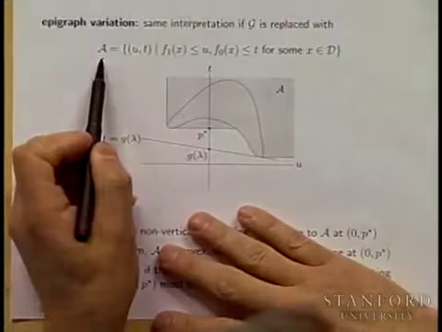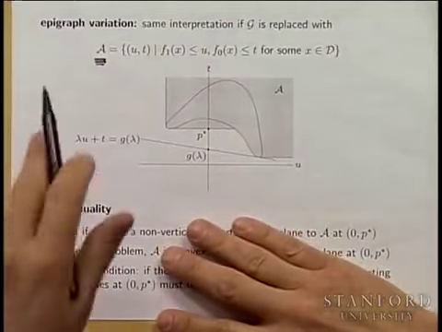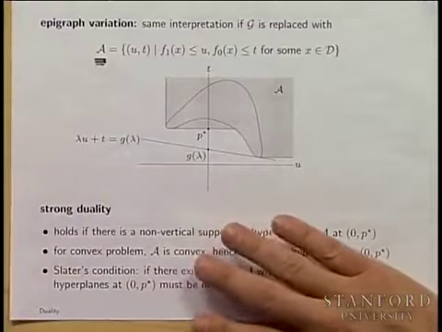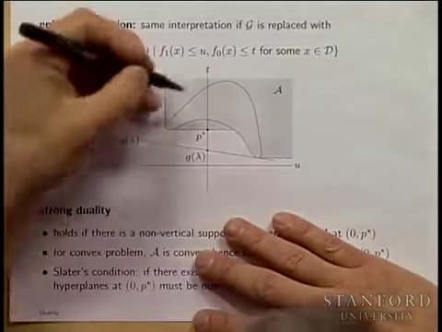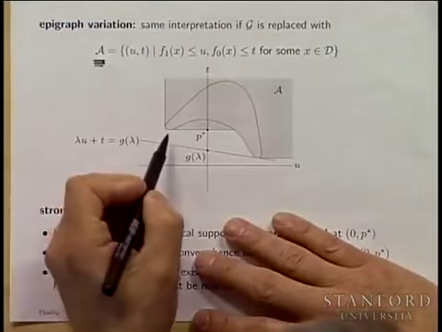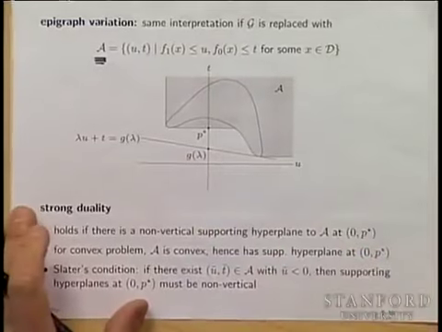Now you can also, by the way, see how Slater's condition works. If you take not G but A, that's the set of points that you can meet or beat in a bicriterion problem. If you take A and color in all these points here, you only care about the ones down here. This Pareto thing is the only optimal point here.